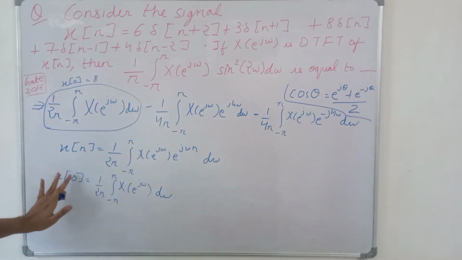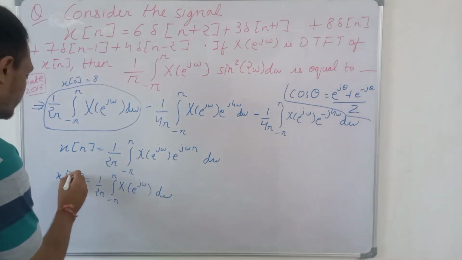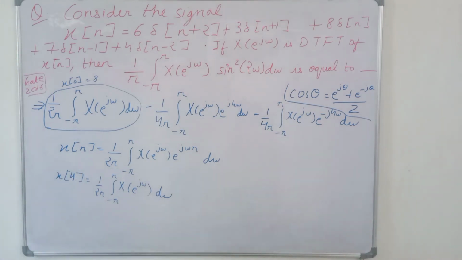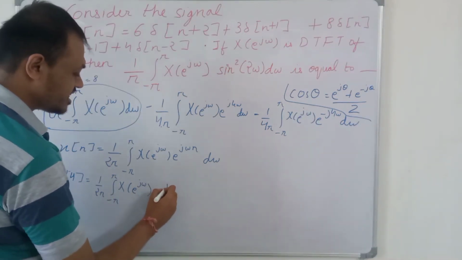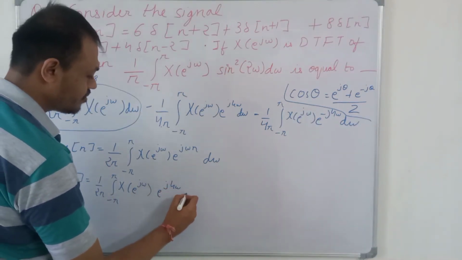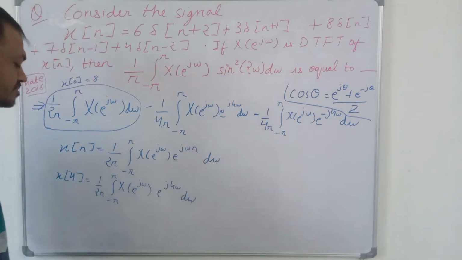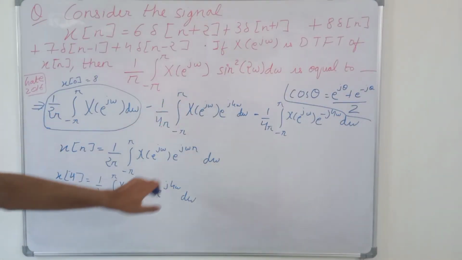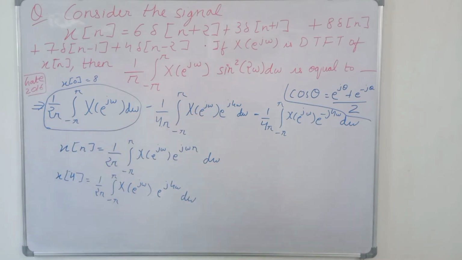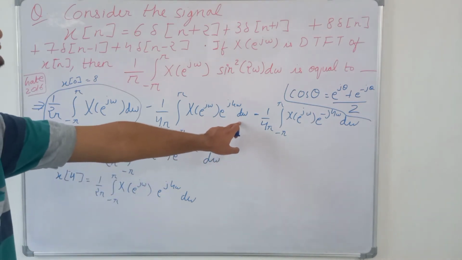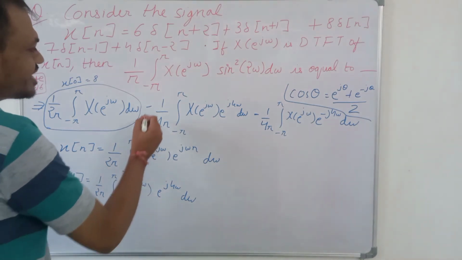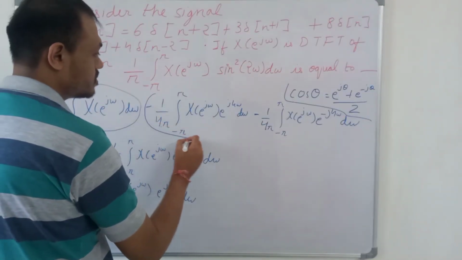Now if we have to find x of 4, put n equal to 4. What you get is e to the power j 4 omega d omega. So now compare these two terms. This is equal to x of 4 upon 2.